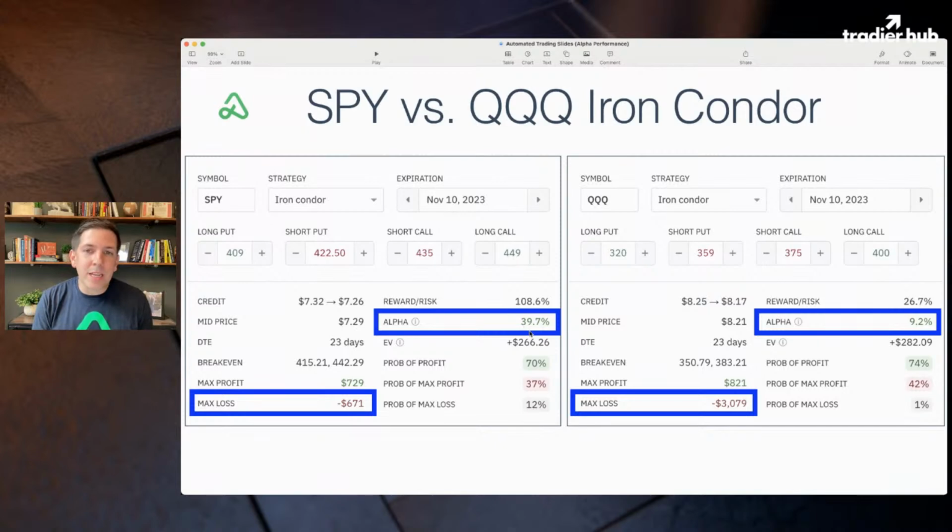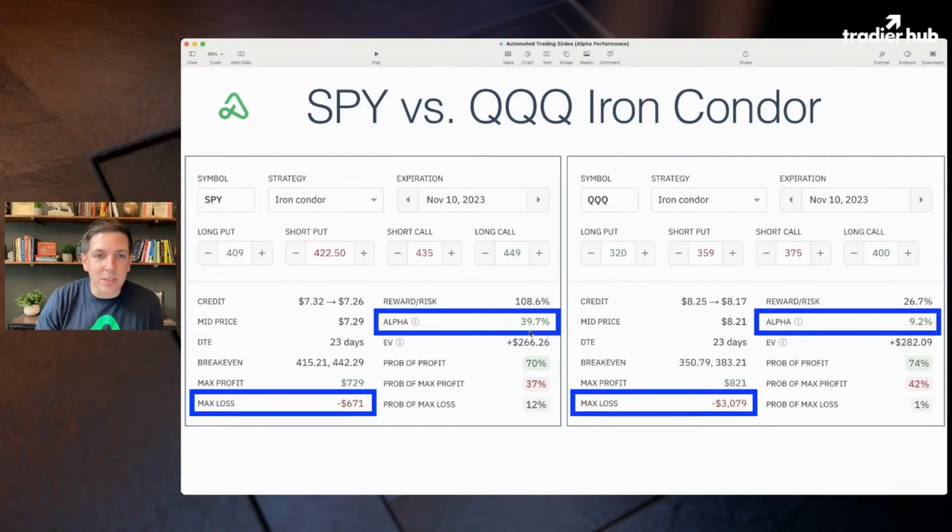So this is how we use alpha to rank and sort trades, because now we're not only taking the calculation of EV, which is great for finding positive expected value trades, but we're factoring in the risk side of things. And we're starting to figure out which trade actually looks like a better trade.